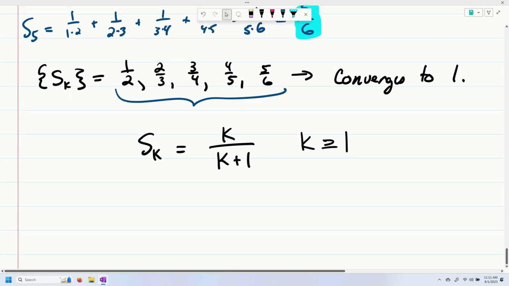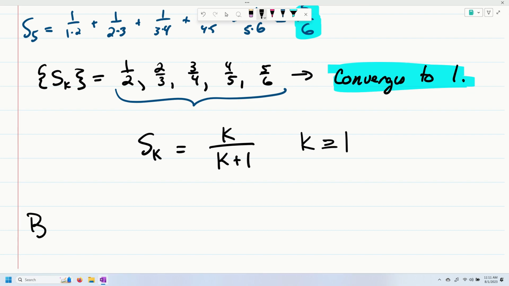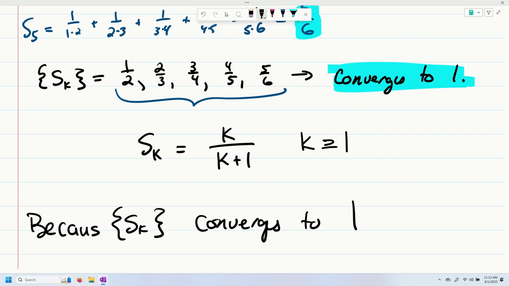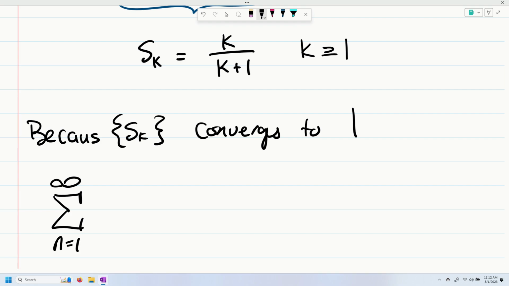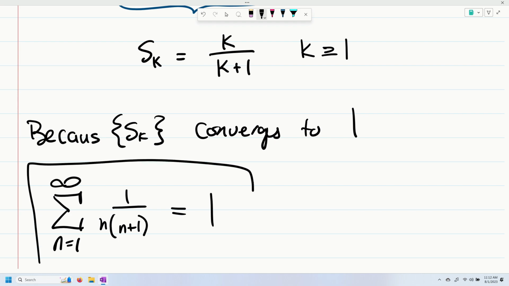So because our partial sums converge to 1, our summation from n equals 1 of 1 over n times the quantity n plus 1 equals 1.